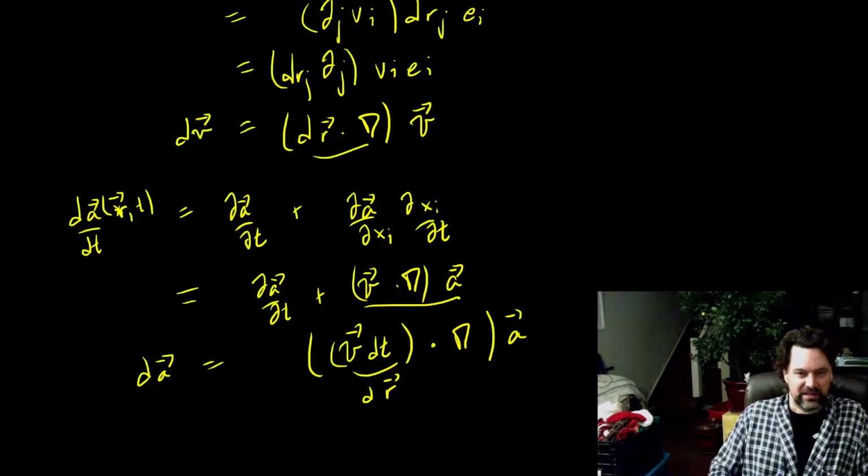And here, up here, v is just a vector, whereas here v is the velocity. And so we avoid the ambiguous notation by calling this quantity v dt dr, just the variation of the x vector.